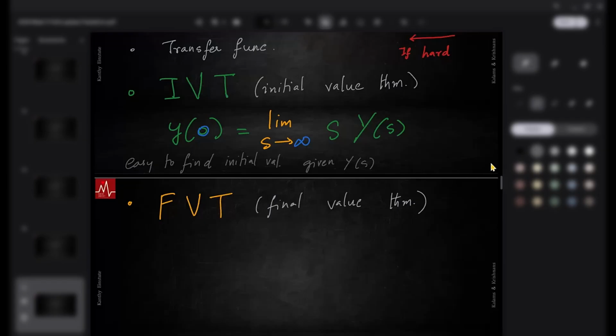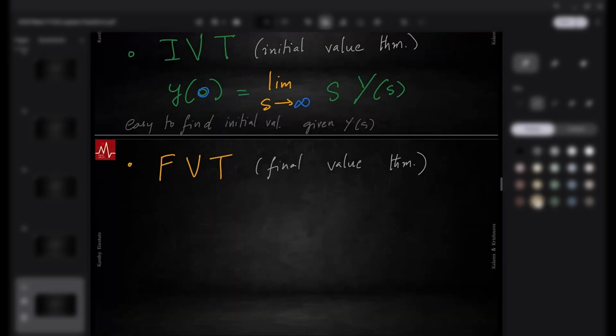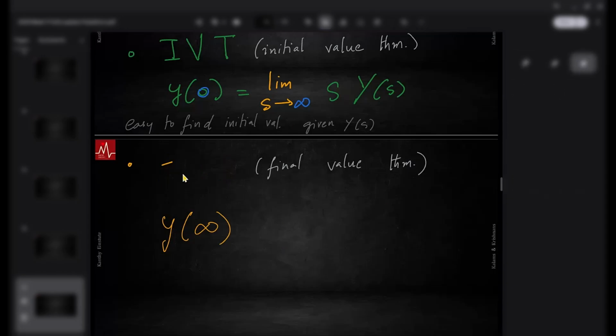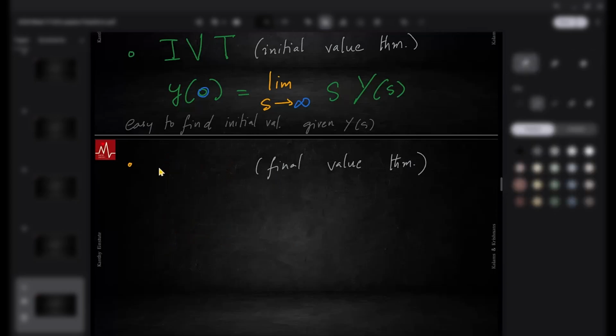Same thing, it is easy to find the final value, y of infinity, given the Laplace transform. We'll resolve this color issue with the final value theorem.